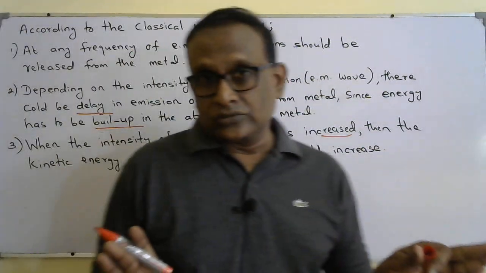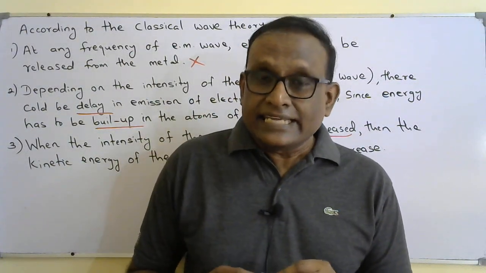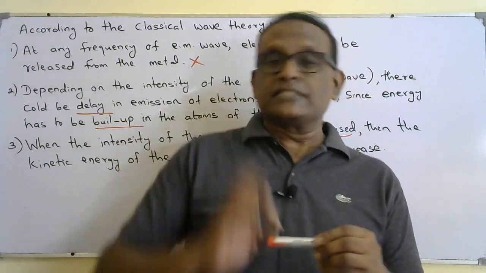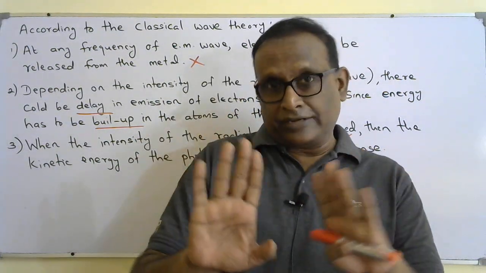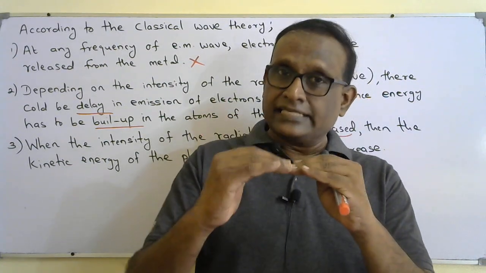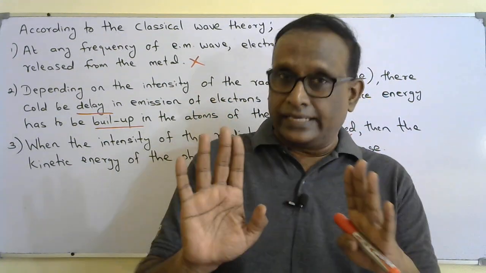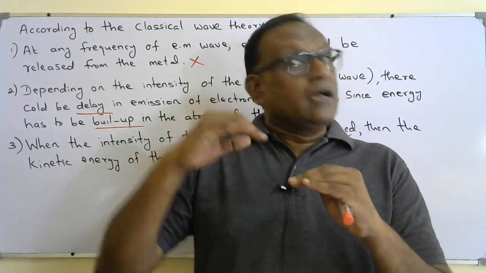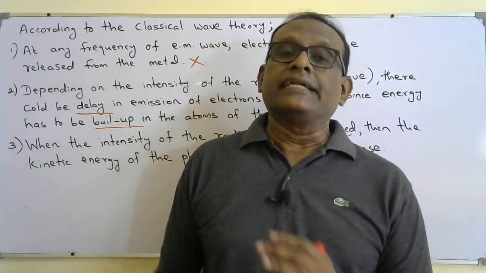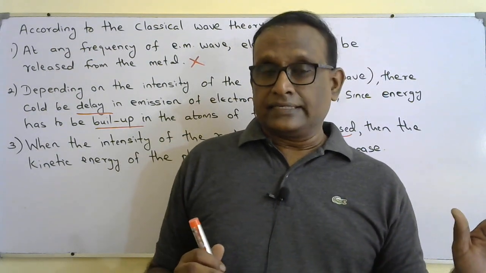But what they found, when the intensity is increased for a specific frequency, imagine the frequency is above the required minimum frequency, so that radiation is able to remove electrons, okay. But when you increase the intensity, there is no change in the kinetic energy of the photoelectrons.